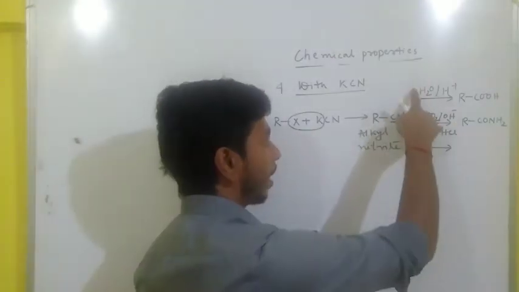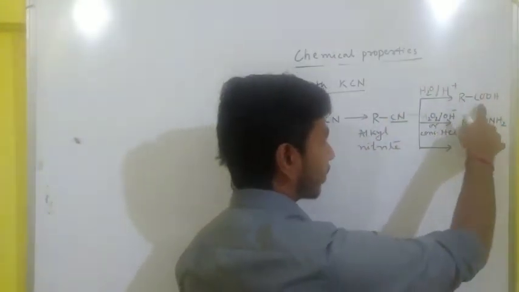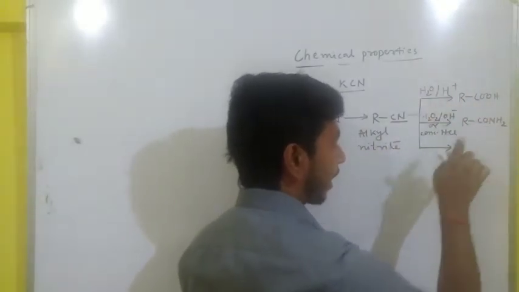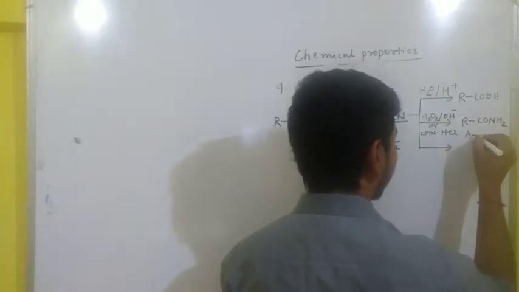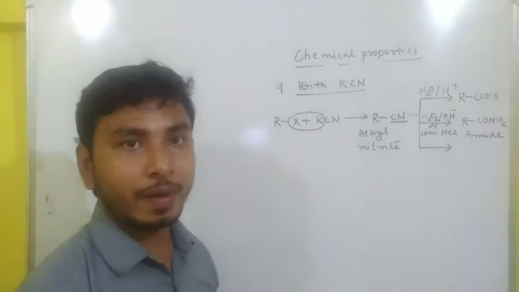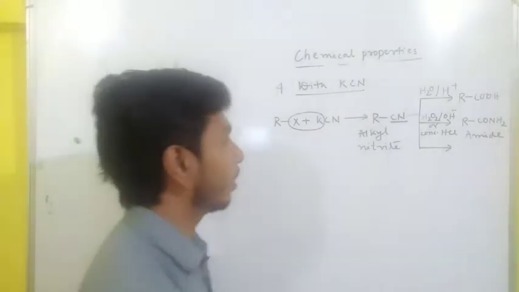Cyanide on complete hydrolysis gives the carboxylic acid. Cyanide on partial hydrolysis gives the amide.